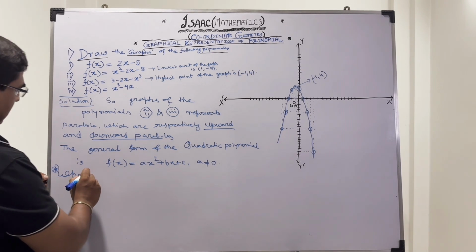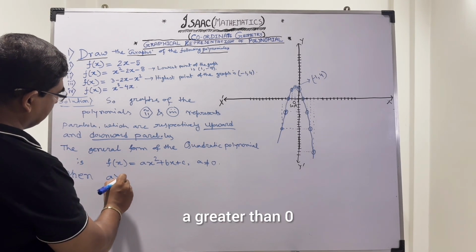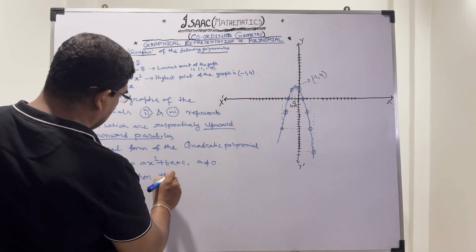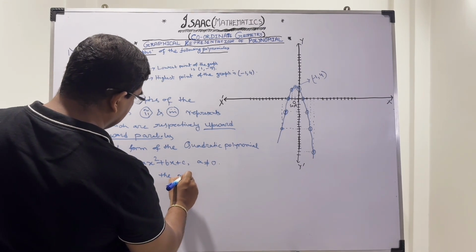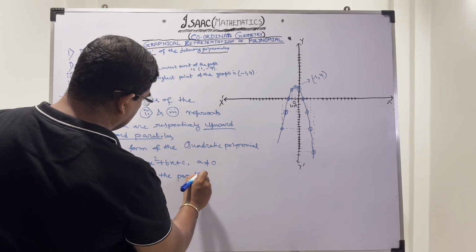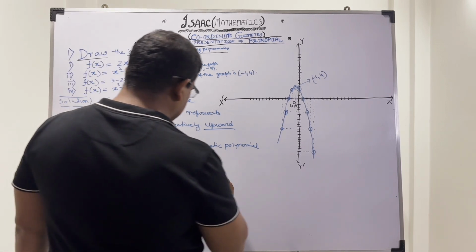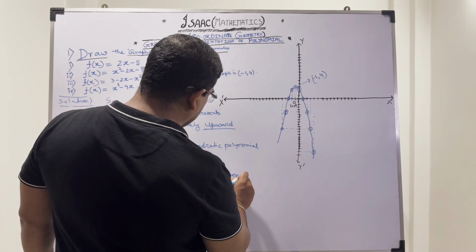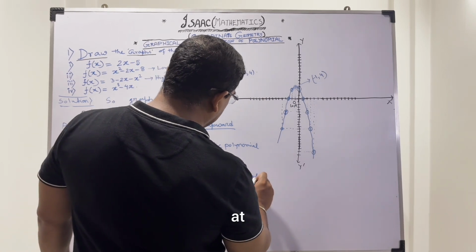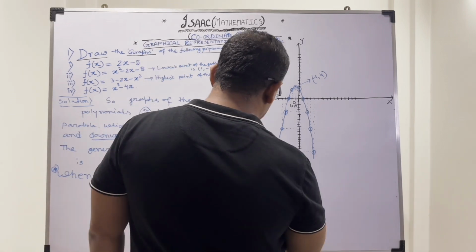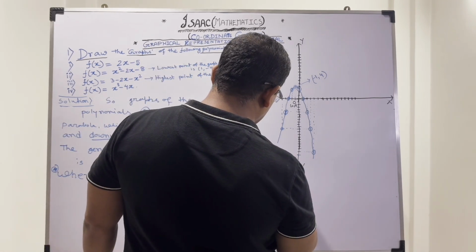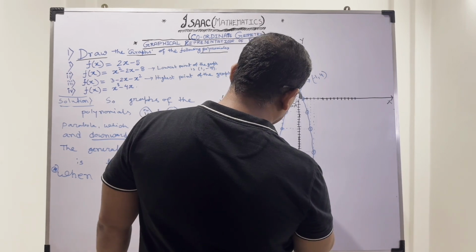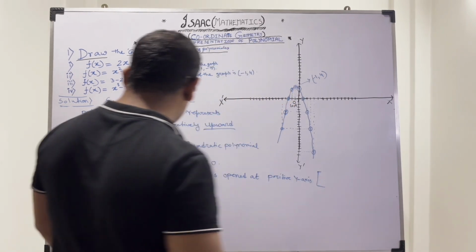When a greater than 0, then the parabola is opened at positive y-axis. Okay.